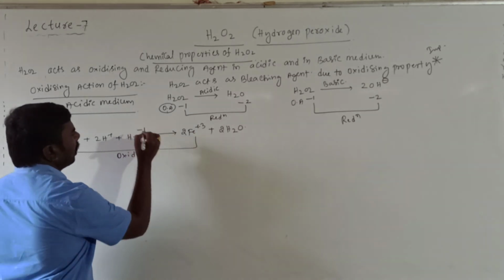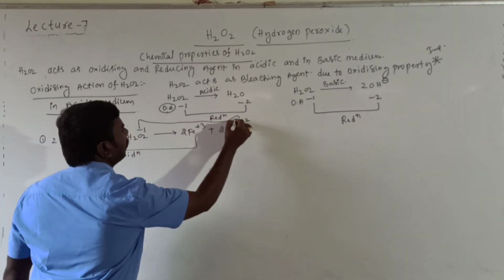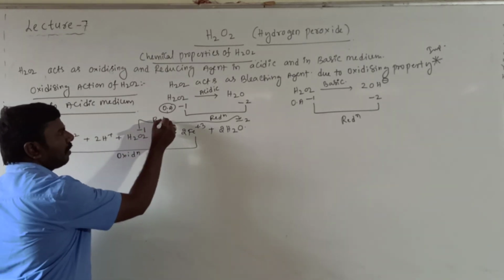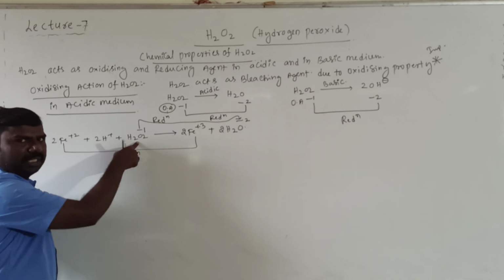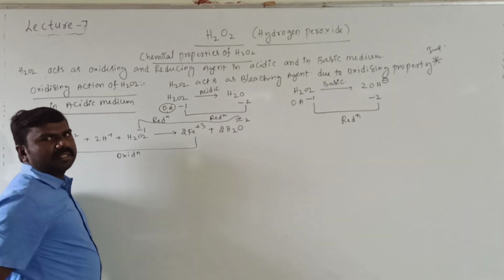The oxygen goes from -1 to -2, a decrease in oxidation state, called reduction. H2O2 is itself involved in reduction, acting as an oxidizing agent. It oxidizes Fe2+ to Fe3+.